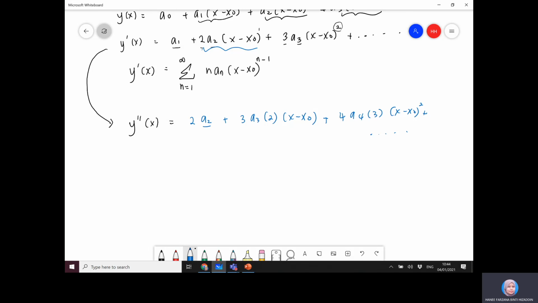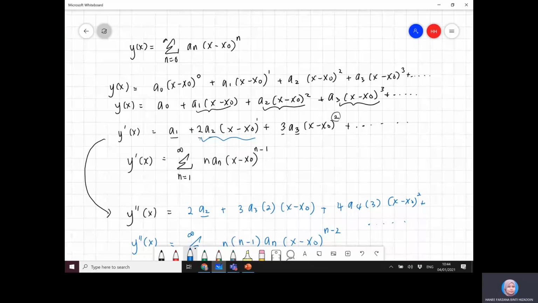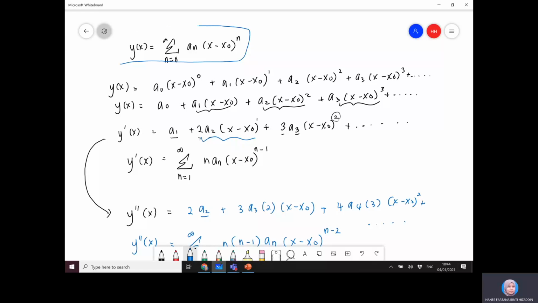You don't have a0 and a1, so that's why the second derivative of y starts from n equals 2 until infinity of n times (n minus 1) a sub n times (x minus x naught) to the power of n minus 2. You can also get to this point just by looking at the original y of x here.